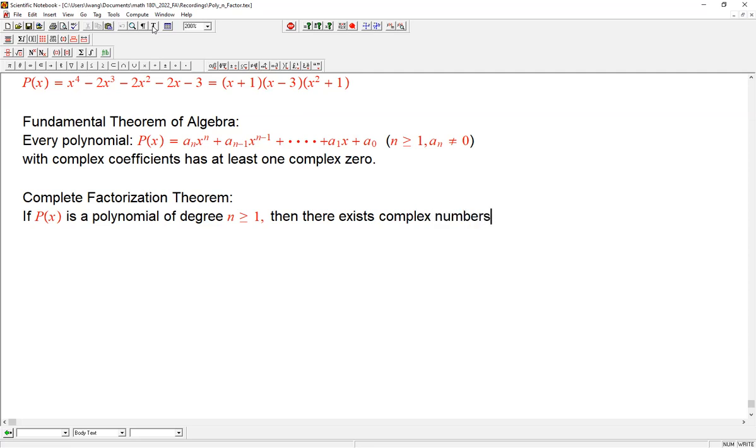And what are these complex numbers? Here are the complex numbers.